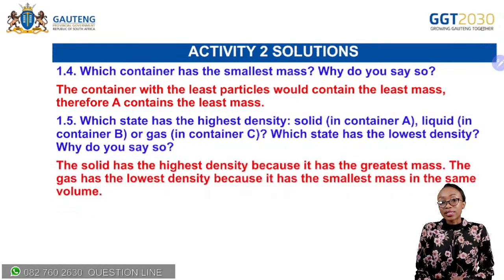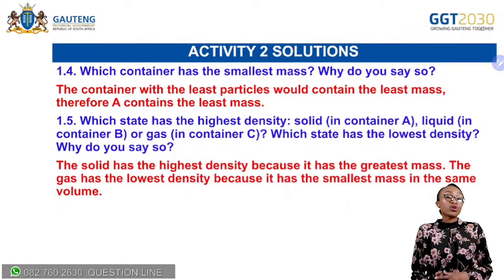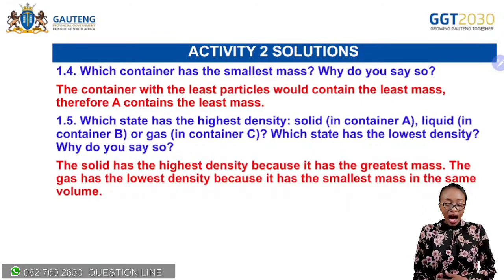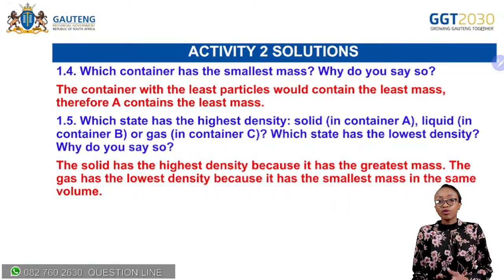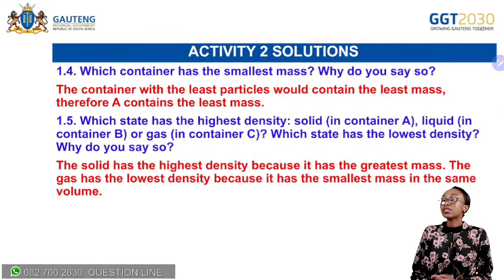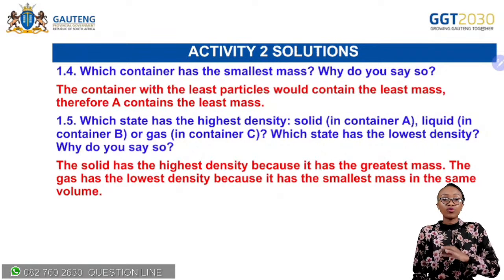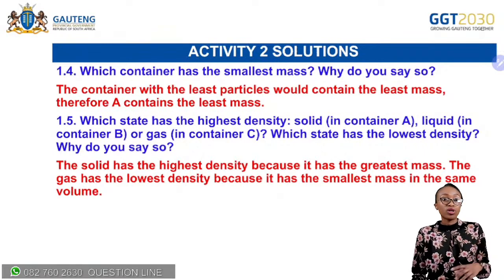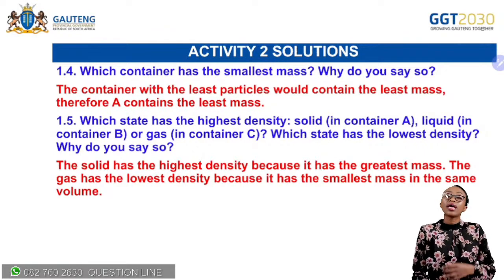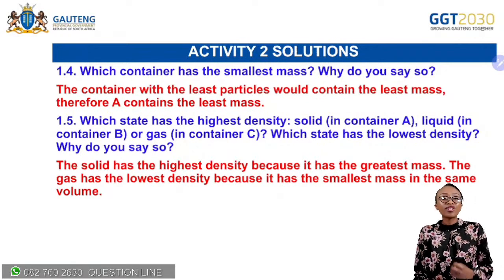So I'm saying the solid, container C, has the highest density because it has the greatest mass. If you remember, the formula for density is mass over volume. So if your numerator is quite large, then you will result in a larger density. It is more dense, its particles are closely packed to each other, it has more particles.